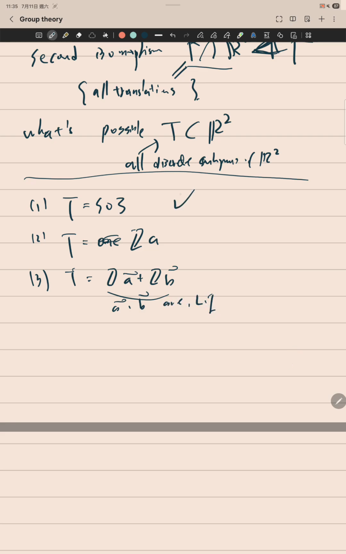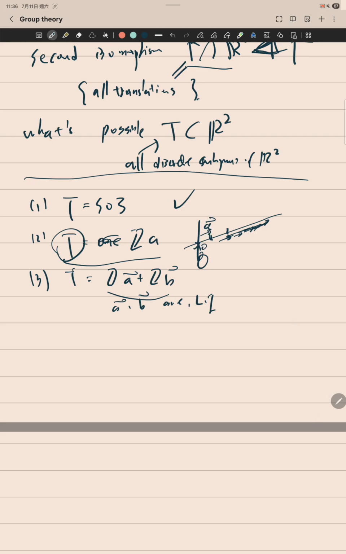Okay, for the first one, it's easy to see that there's nothing to prove. And for the second one, this is also simple. If T contains only one dimension, then every element in T is a translation in one direction. Then there will be a smallest one, right? Suppose it's 0 here, there will be a smallest one.